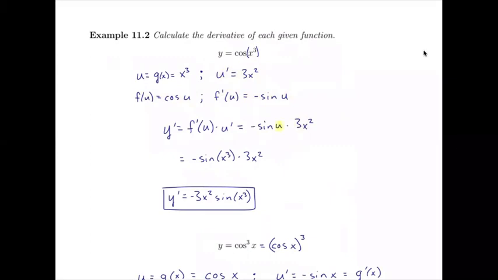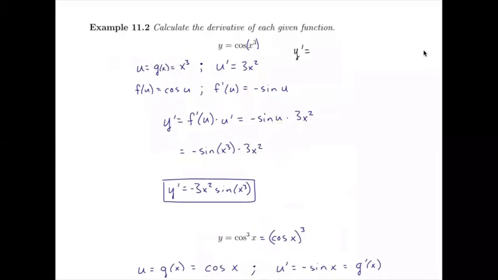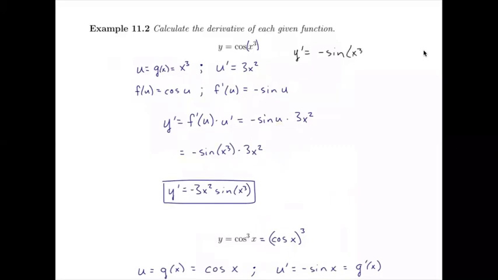And then the last thing I need to do is replace this u with its function of x, and that's x cubed. So I have negative sine x cubed times 3x squared. And there's that answer. Again, to do this in the more shorthand version, maybe I'll put it off to the side here. I would say y prime is equal to negative sine, the derivative of cosine of x cubed, leaving the inside untouched, times the derivative of the inside x cubed, which is 3x squared.